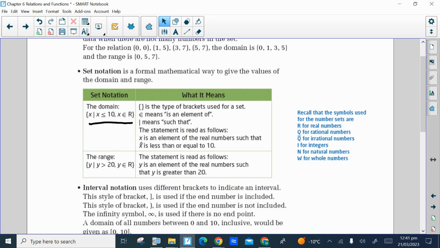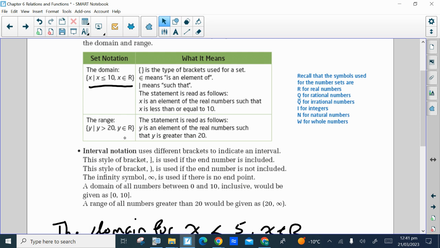So this statement is read as X is an element of real numbers such that X is less than or equal to 10. Or if you read from what it says here from left to right, we would say all values of X such that X is less than or equal to 10 and X is an element of real numbers. So that means all numbers, all fractions, all decimals, because that's what real numbers tells us, that are less than or equal to 10.